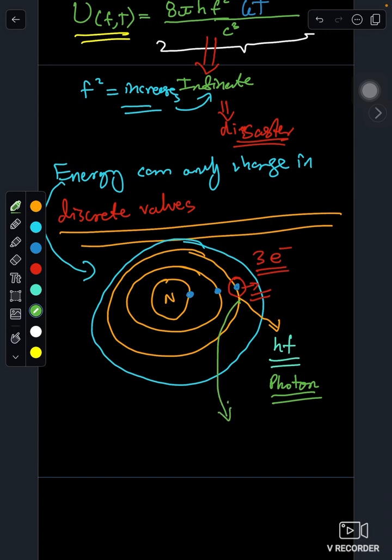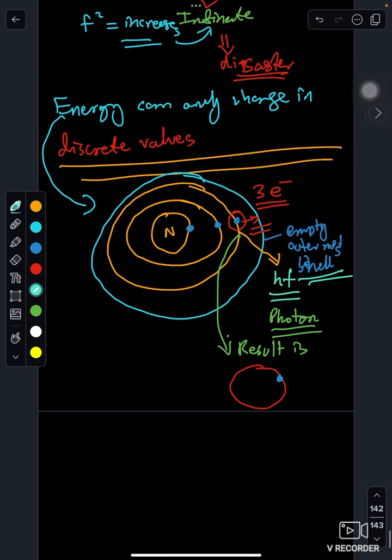When we give it a photon, the result is that the outermost shell will now be empty of this electron, and here it is not empty now.